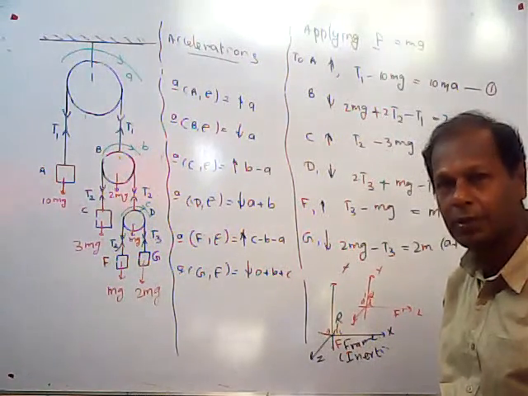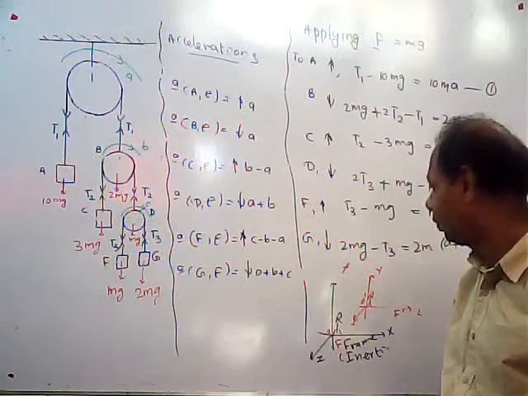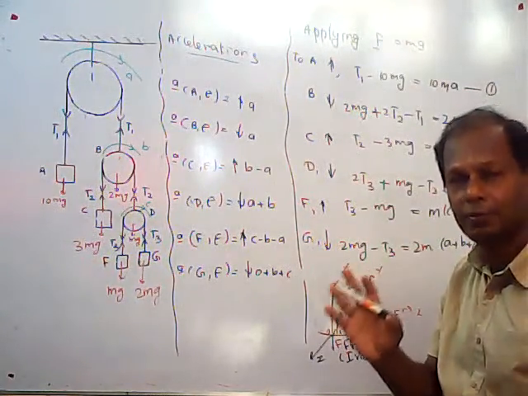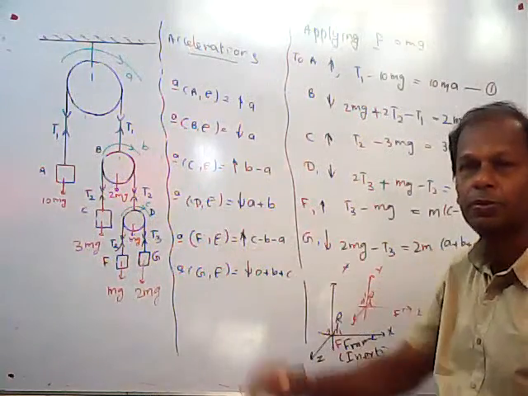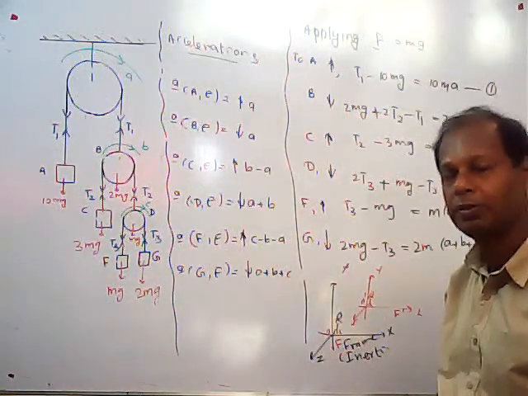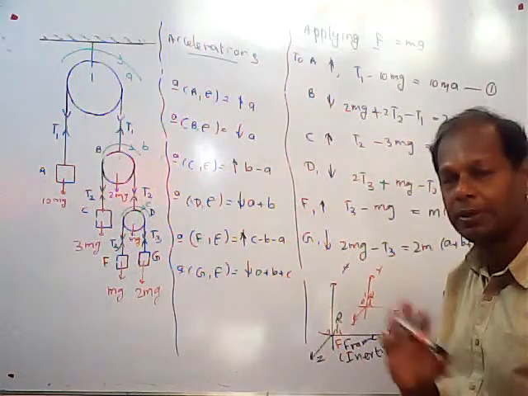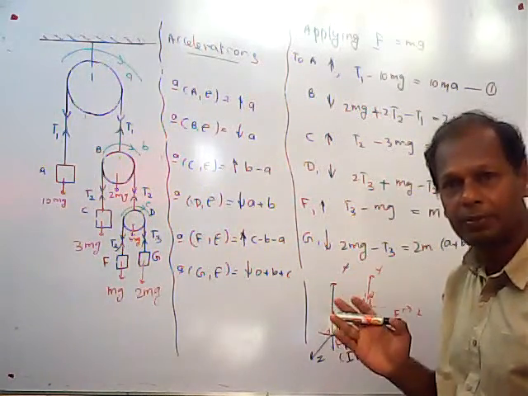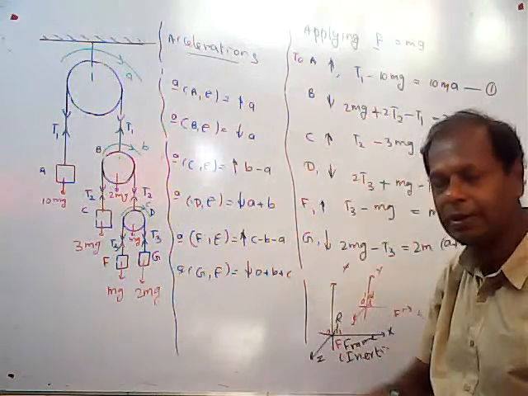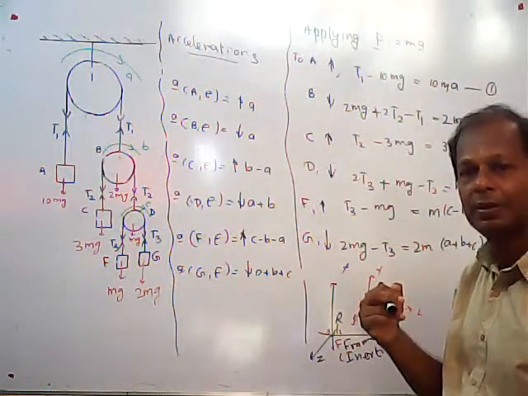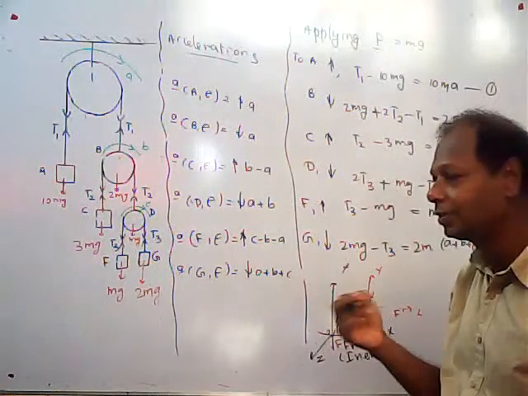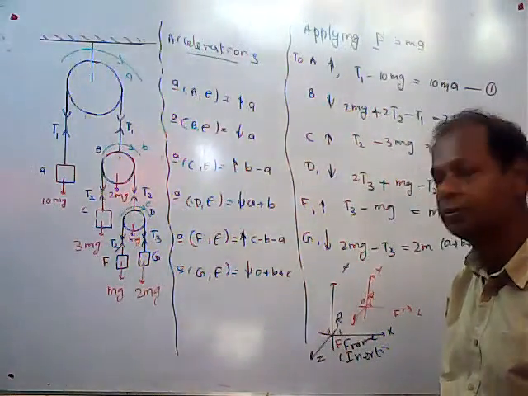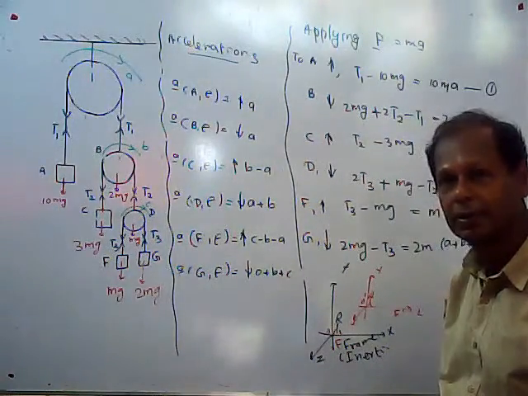It's correct. But I told you that in general a car is not an inertial frame. As long as it's moving at uniform velocity or at rest, it will be an inertial frame. But if the car accelerates or decelerates, for the moment it becomes a frame which is not inertial.